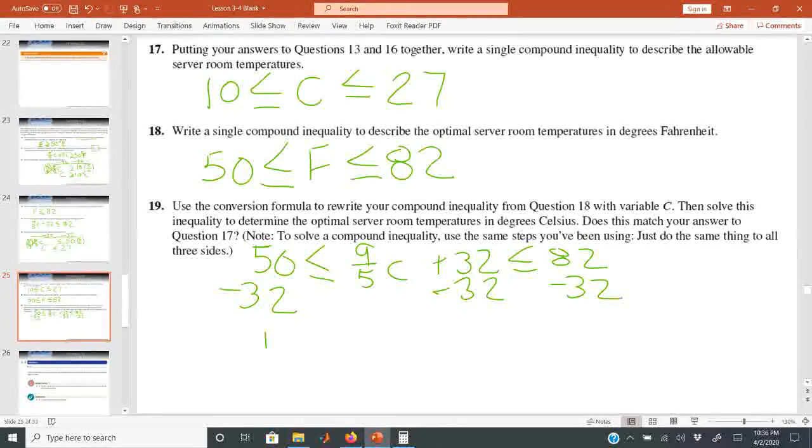So I end up with 18 less than or equal to 9/5 C, which is less than or equal to 50. Now I multiply everything by 5/9.